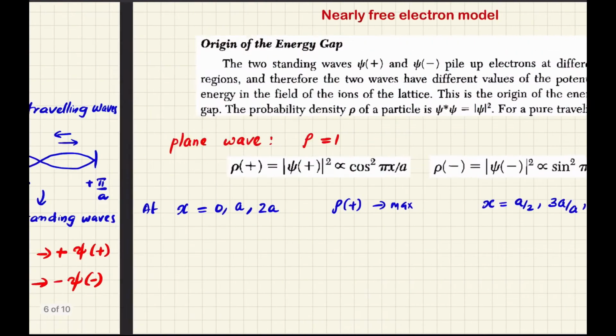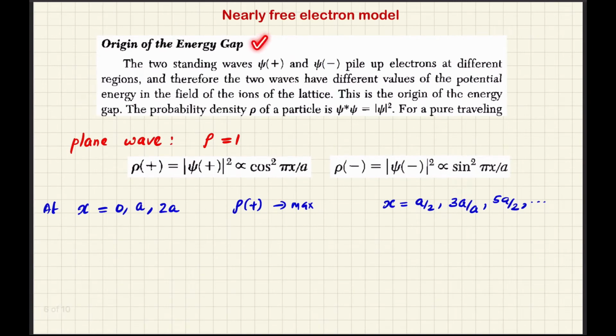Now, what is the origin of the energy gap? You can explain it in terms of the two standing wave patterns, which behave differently. For example, psi plus piles up the electrons at different regions than psi minus. So the two waves will have different values of potential energy in the field of the positive ion cores.